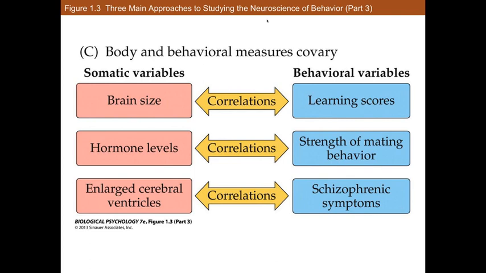And for instance, there are enlarged cerebral ventricles in schizophrenic people, but does that mean that enlarged ventricles cause schizophrenia, or is there something else going on that's completely different? For instance, do schizophrenic people eat more popcorn than people who aren't schizophrenic, and is that associated with enlarged cerebral ventricles, or is there something else completely different that's causing this?